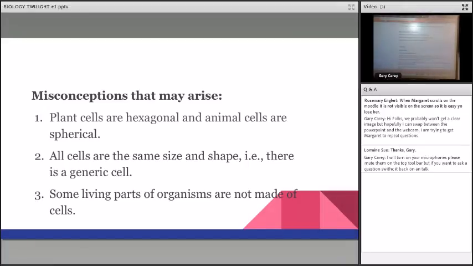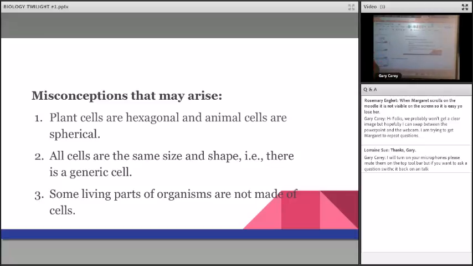Now one of the things I included with the Moodle is misconceptions that the kids bring with them from junior school, because they draw plant cells as squares or hexagons, and we draw animal cells as circles.